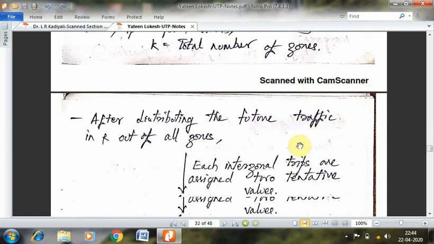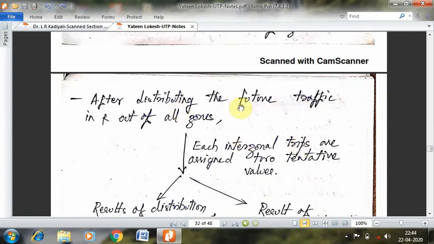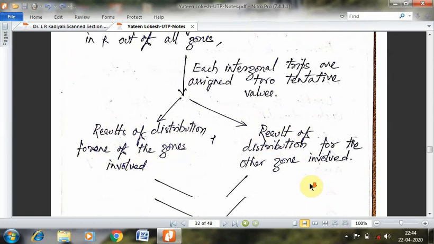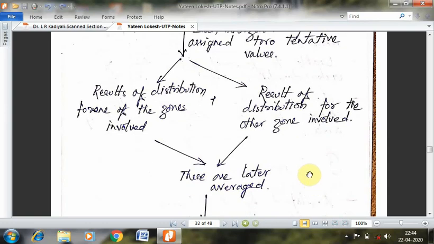Okay. So after distributing the future traffic in and out of all the zones, each interzonal trip is assigned two tentative values. The first tentative value is the result of distribution for one of the zones involved, and the second one is the result of the distribution for the other zone involved.